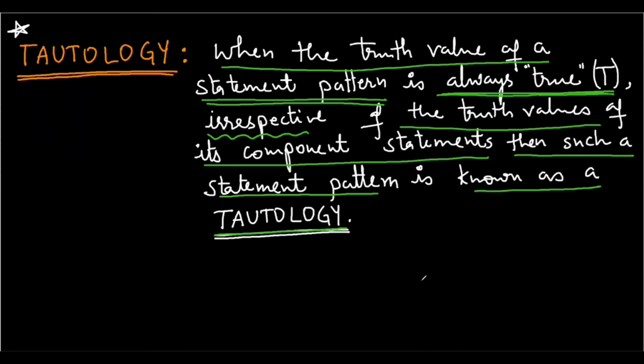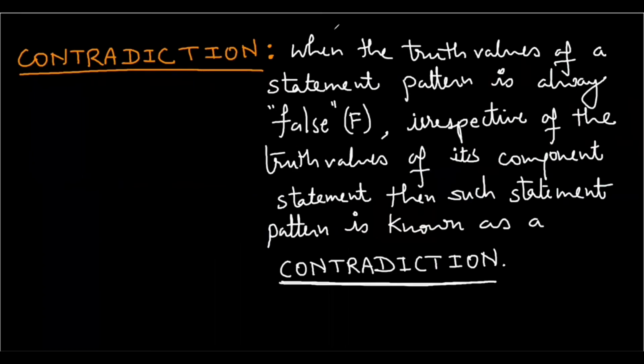The next special type of statement pattern is contradiction. The first one was tautology. Now, what is the definition of a contradiction? When do we say a statement pattern is a contradiction? It's going to be very simple after having understood what a tautology is.